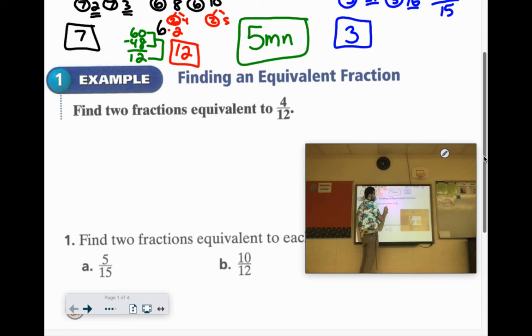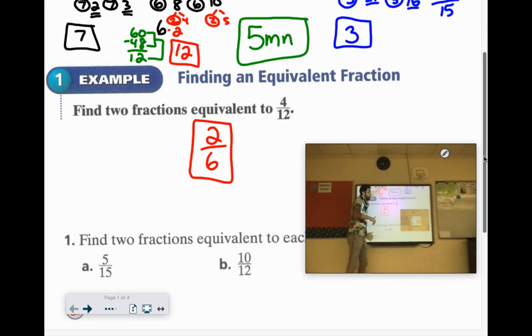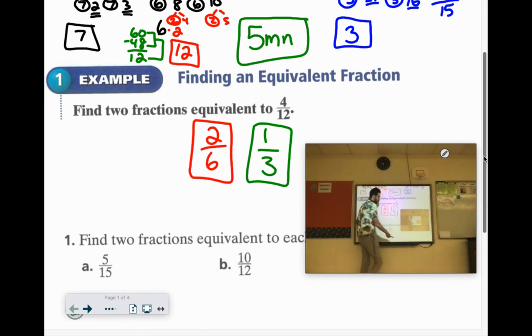2 goes into 4 2 times. 2 goes into 12 6 times. So this would be an equivalent fraction. Now it's not simplified all the way. We can simplify even more. Because these are both even numbers, 2 goes into 2 1 time. 2 goes into 6 3 times. So all 3 of these would be equivalent fractions. They would all come out to 0.3 repeating, right? You could also go up with it.